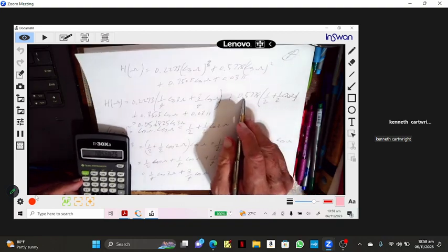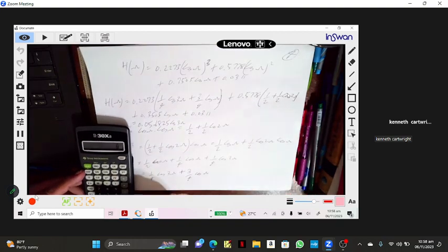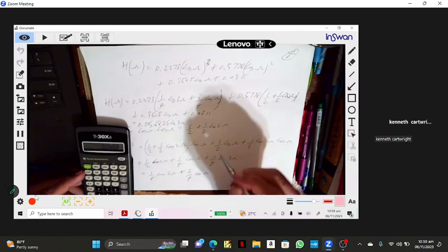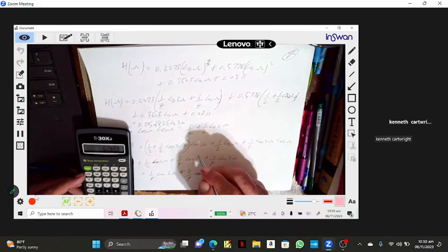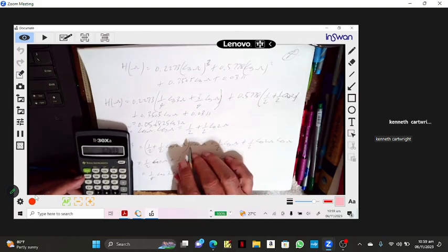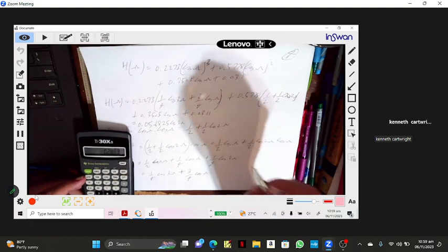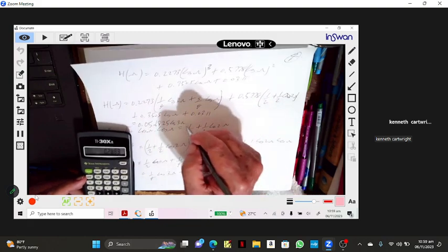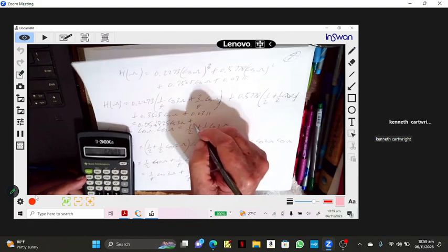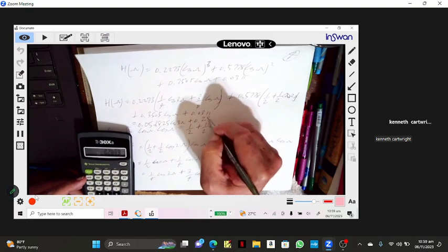Plus a half of that, 0.5778 divided by 2, plus 0.2889 cosine 2 omega.